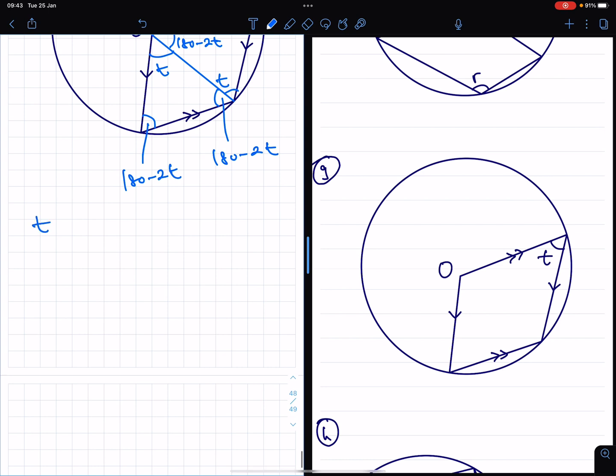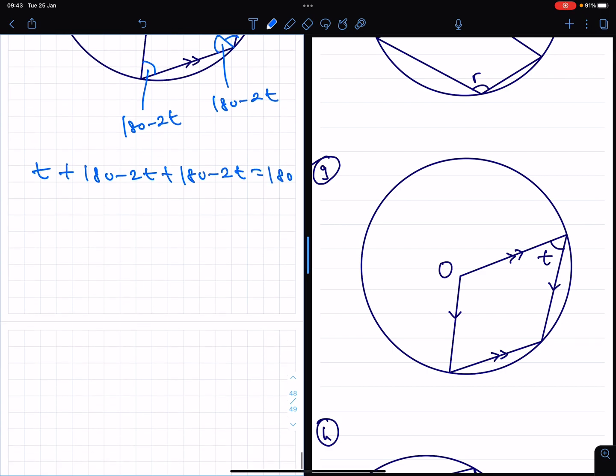So t plus 180 minus 2t plus 180 minus 2t equals 180, sum of angles in a triangle. And that means minus 2t minus 2t is minus 4t, plus t is minus 3t. 180 plus 180 is 360 degrees, equals 180.